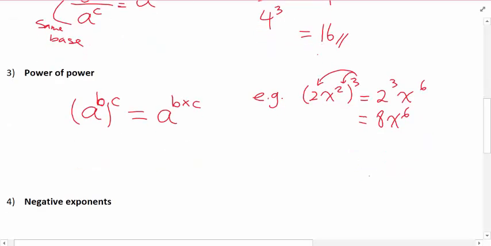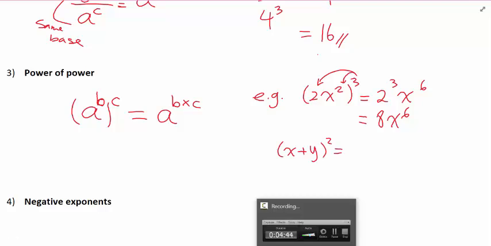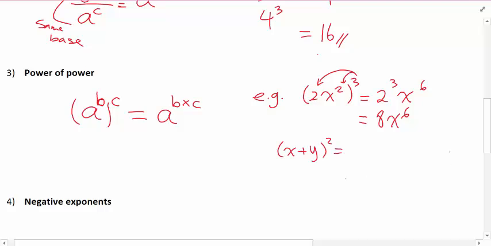Remember though, yesterday I said, if I have x plus y, squared, can I square just both of them? No, right? In this case, you cannot just square both of them, because it's not a single term.